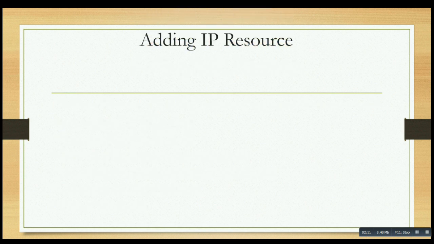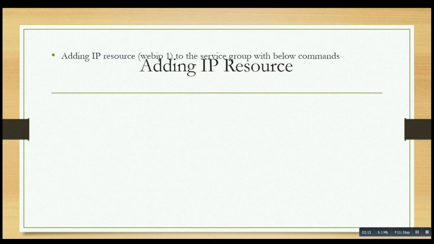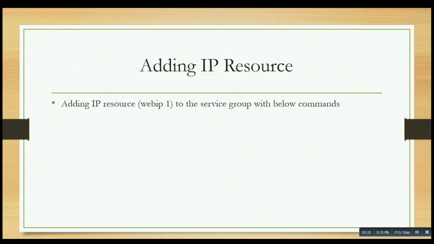Now we have to add a resource, the IP resource. Adding an IP resource to the service group with the below command, we add one new resource of type IP, and the name of my group where you want to add this resource, then modify critical to 0, then make it online.